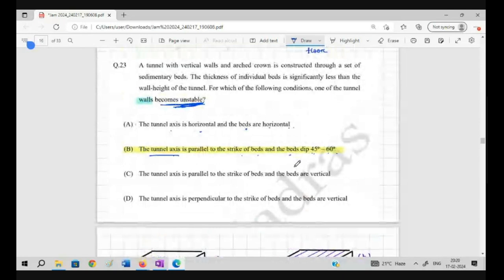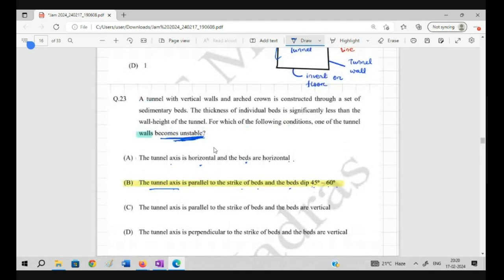In the question it is given that the thickness of the individual bed is slightly less than the wall height of the tunnel, meaning the tunnel is not confined to a single bed. Yes or no?